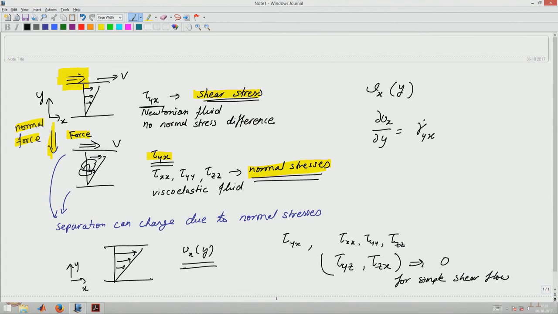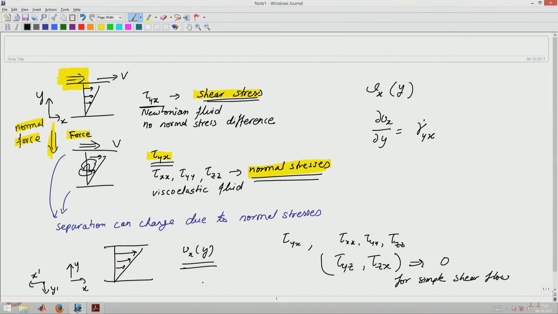Basically, if you look at this flow, for example, if I use another coordinate system which is, let us say, rotated by 180 degrees, then I can use a coordinate system where y prime and x prime are basically rotated. But if you use these two coordinate systems, you can actually show that the velocity field will not change, and since the velocity field does not change, the forces on any plane within the material will not change.